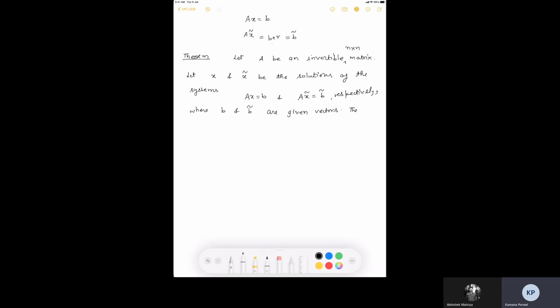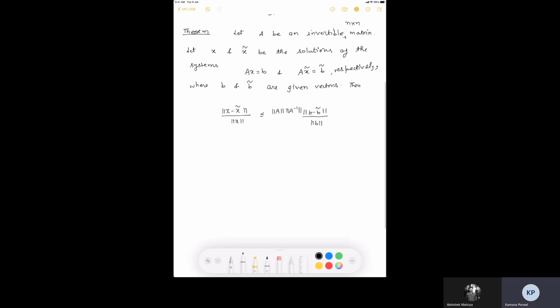Then we can prove that the relative error in x, that is this factor, is less than or equal to the relative error in the right-hand side vector B, times norm of A into norm of A inverse. Here you can observe that there are two kinds of norm. When I write norms on the vector, this is a vector norm, and when I write norms on the matrices, this is a matrix norm.